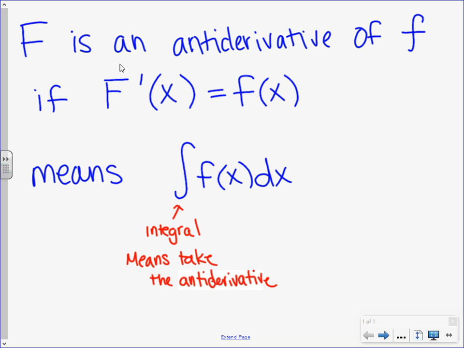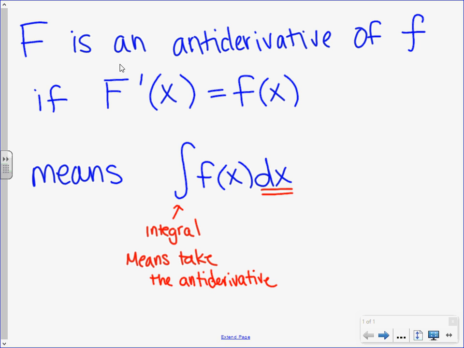Okay, and this dx right here tells you with which variable to take the antiderivative with respect to. Kind of like we have dy dx for our derivatives, tells us to take the derivative with respect to x. That dx in our integral tells us what to take the antiderivative with respect to.